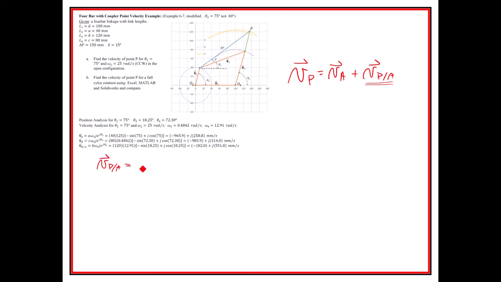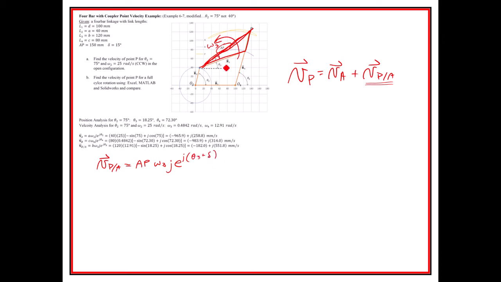And that is the magnitude of AP times omega 3, because this whole thing right here is one piece, so it is traveling at omega 3 times j times e to the j, and now the angle of this piece right here is going to be theta 3 plus delta, right?